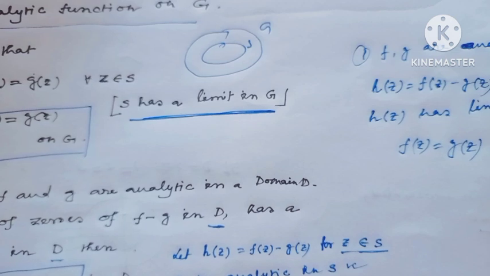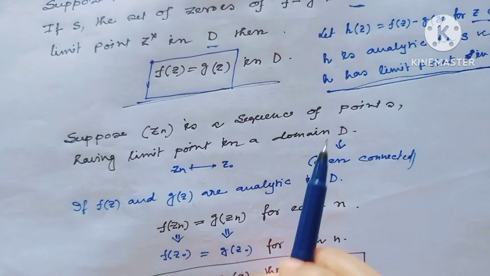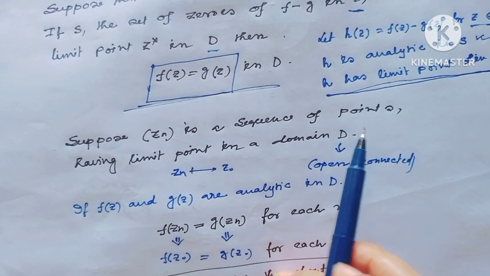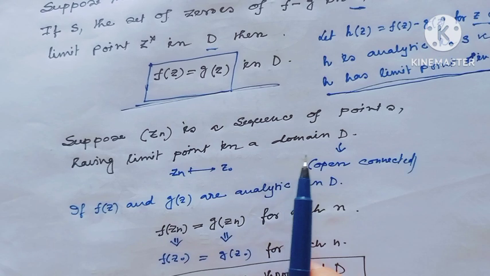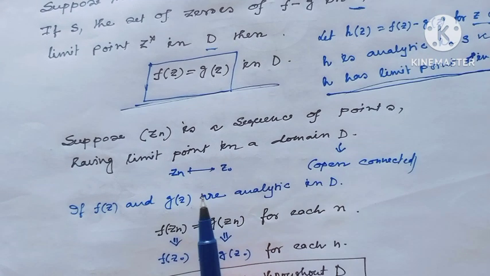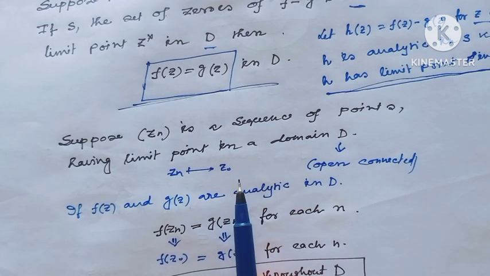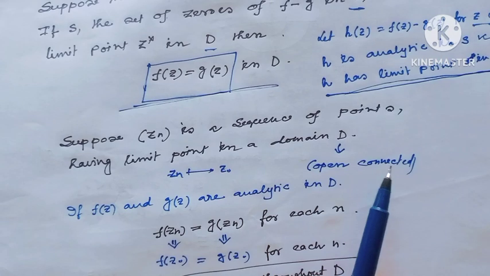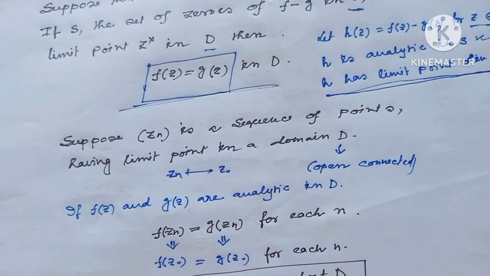And sequentially we can say, suppose z_n is a sequence of points having a limit point in a domain D. Suppose z_n converges to z_0, where D is an open connected set.